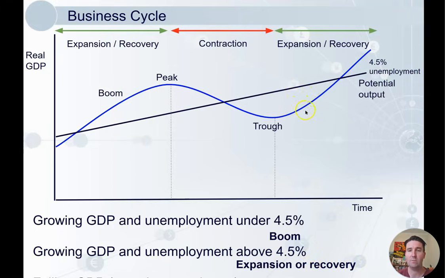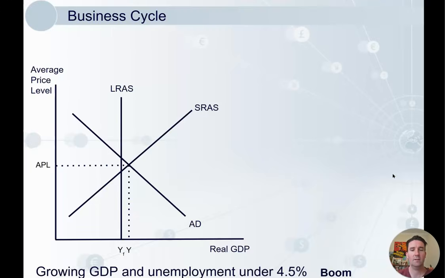We're less than potential. We're growing. We call it a recovery. And you can't see that on your screen, I don't think. But falling GDP is going to be a contraction. All right, let's head on to our next slide.